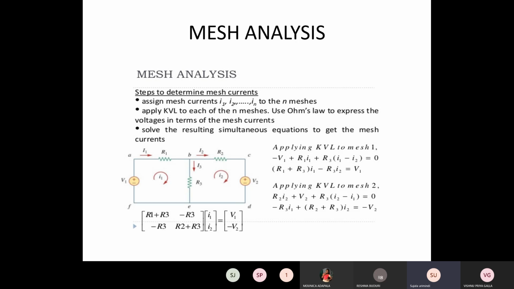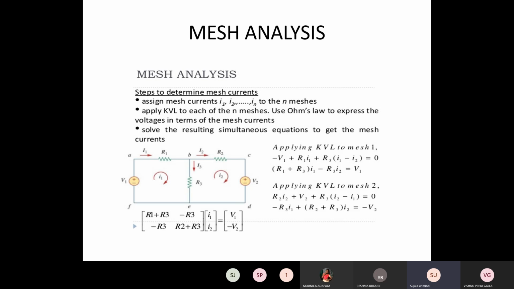Why? Because R3 belongs to the I1 current and the I2 current. It depends upon the direction of I1. If suppose the I1 direction is upwards, then upward will be plus, downward will be minus. But the I2 direction comes from downwards to upwards.